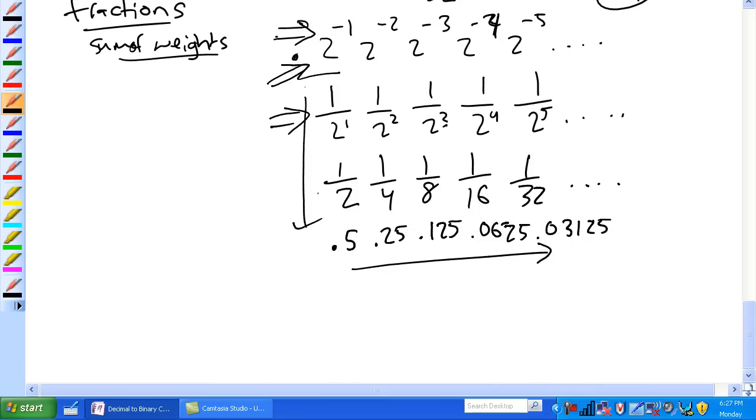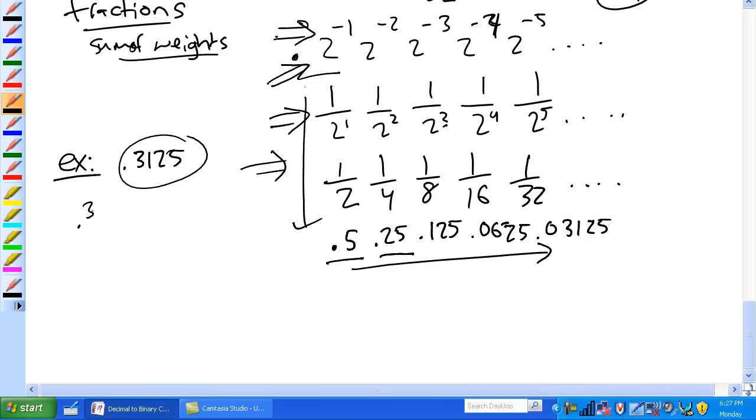Okay, so let's just use an example. Example is 0.3125. How many of these numbers here add up to 0.3125? Well, 0.5 is not going to work, but 0.25 certainly works.